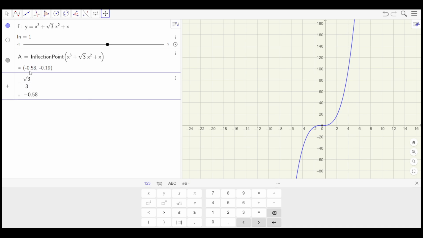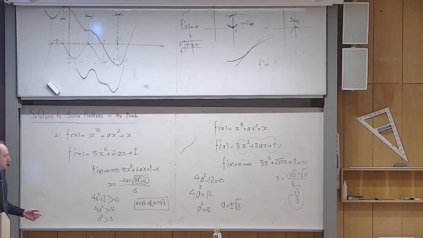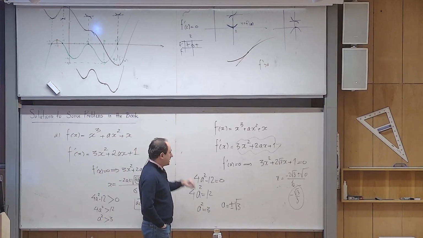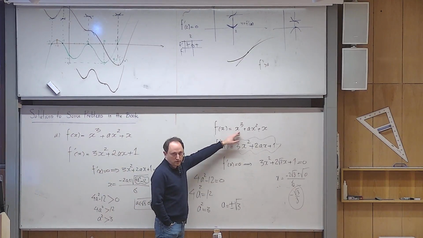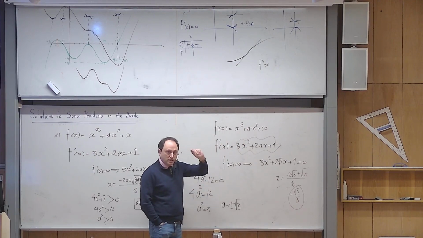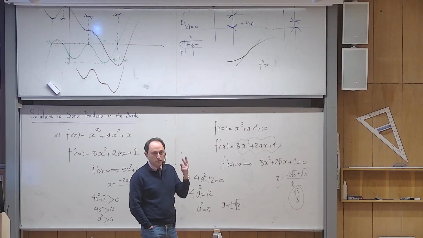You see? This minus 0.58, the number that GeoGebra finds using this syntax, is exactly the one that I calculated here. What you're asking is, so what is the takeaway from this? It tells you that for forcing this type of function to have one single terrace point, we have 2 options.